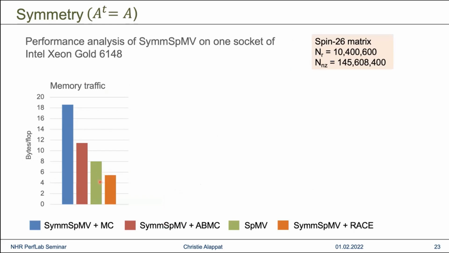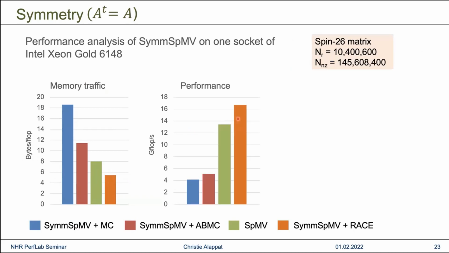The traffic is even lower than that of SpMV, which is what we normally expect with symmetric SpMV. And due to the lowered data traffic, we also get an improvement in performance. So this is the basic idea of using symmetry with RACE.